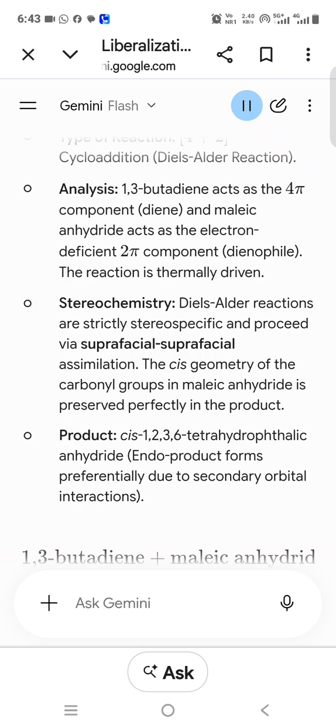Note, geometrically, an antarafacial approach in small chains like ethylene is highly strained and practically impossible, making thermally allowed 2+2 non-feasible.